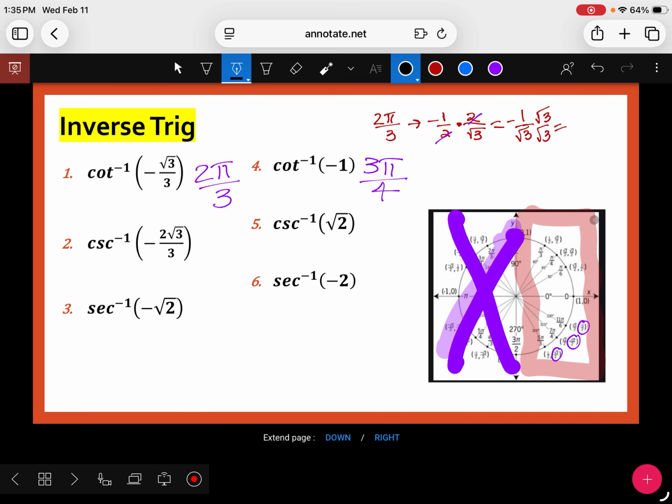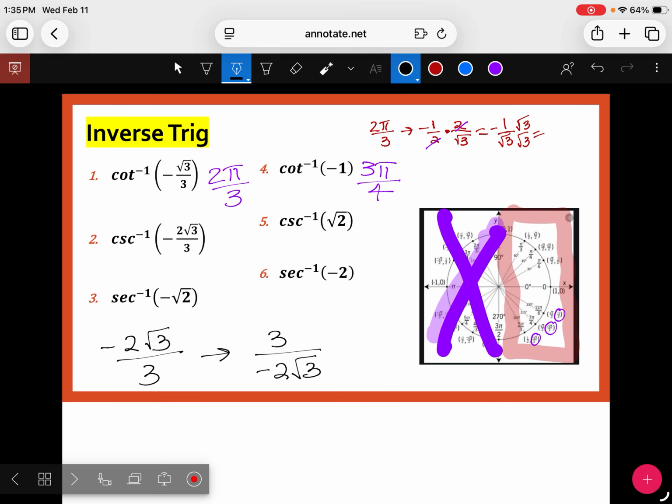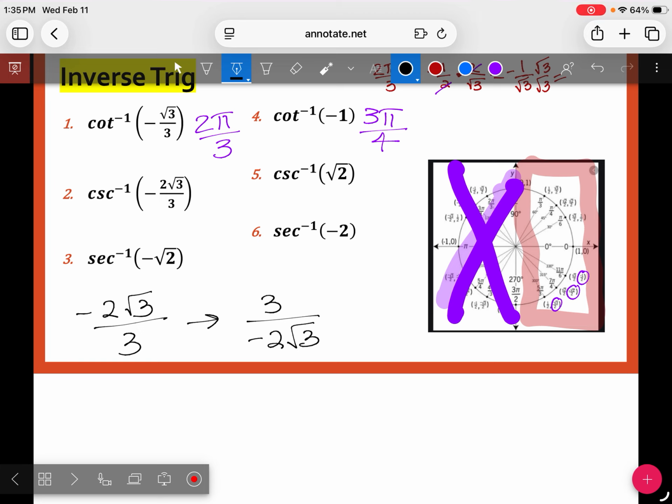We're going to take this answer and flip it, and we have to rationalize it. So I took the cosecant and flipped it. Basically, I'm rewriting it from a cosecant inverse to a sine inverse.